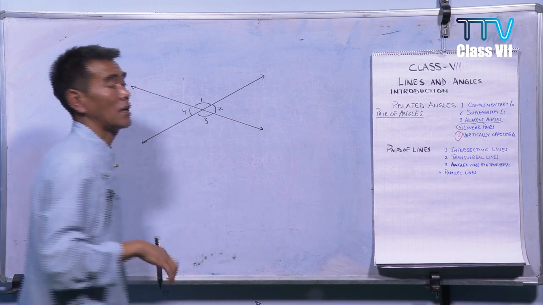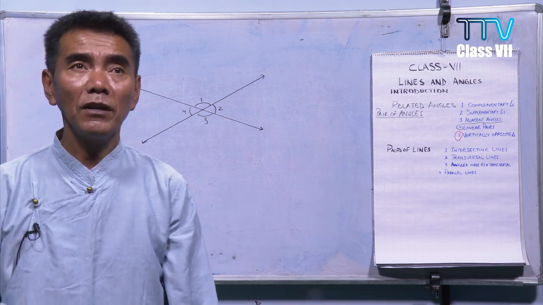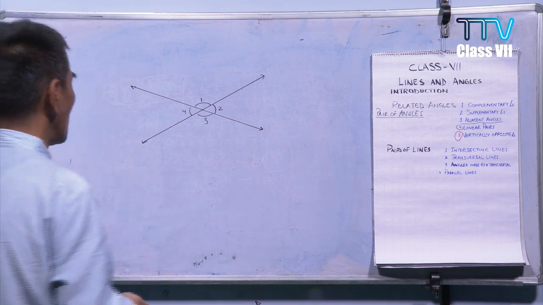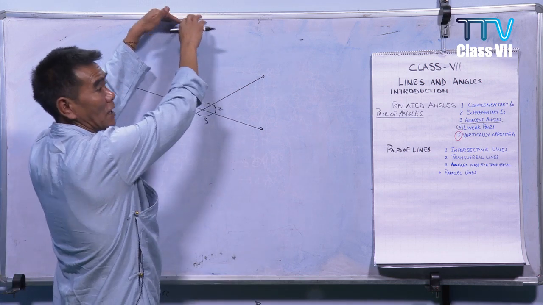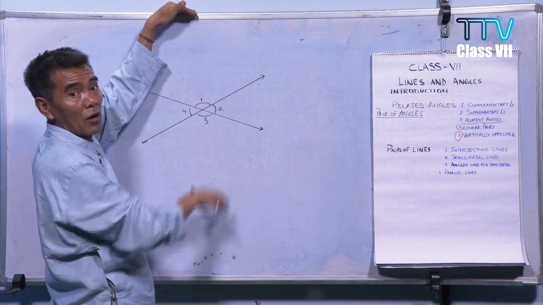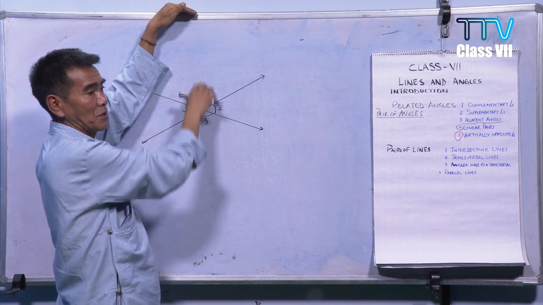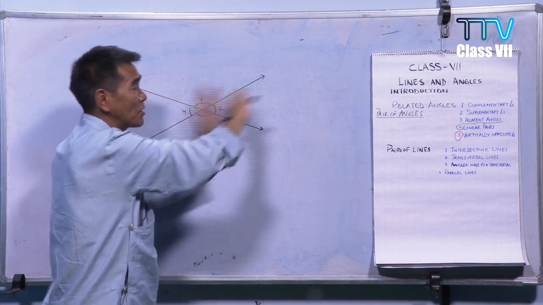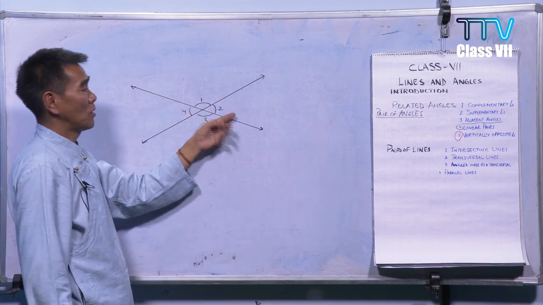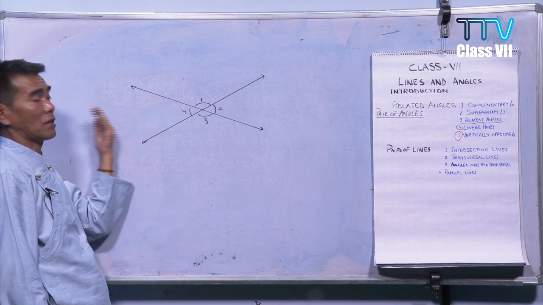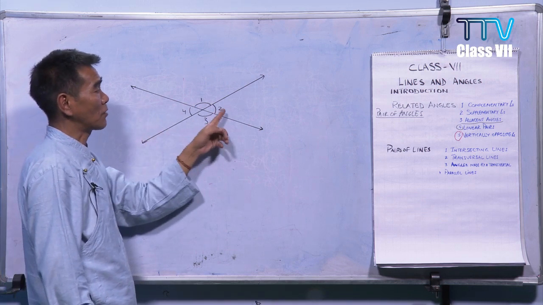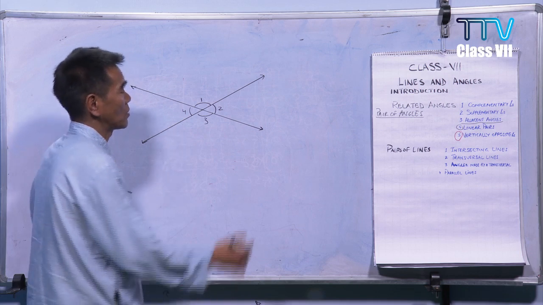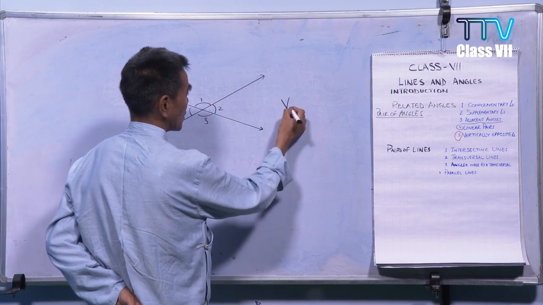Angle 1 and the angle opposite to it is a vertical opposite angle. Angle number 2 and angle number 4: angle 2 and angle 4 are vertical opposite angles.